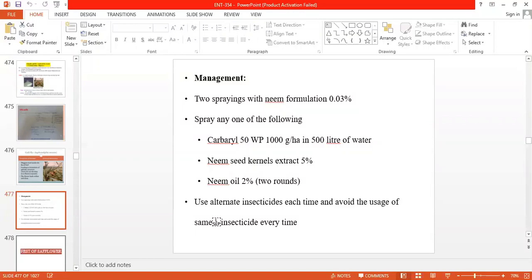Apply chemicals, mainly carbaryl 50 WP at 1000 gram per hectare in 500 liters of water, neem seed kernel extract 5%, or neem oil 2%. Use alternate insecticides each time and avoid using the same insecticide every time, because due to continuous use of the same insecticide, resistance may develop in the pest.